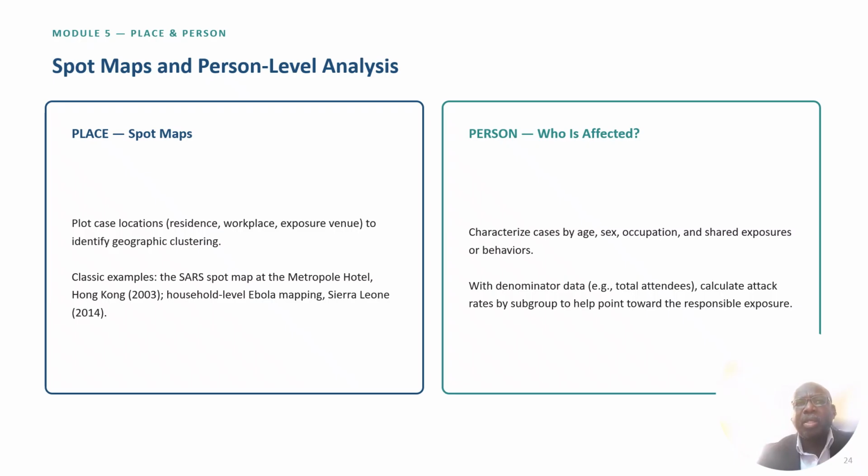One important thing in representing the cases in an outbreak is a spot map. We are going to describe the cases in terms of place and persons. We should identify the map and put spots on it to show the distribution of the cases and who appears in each area.